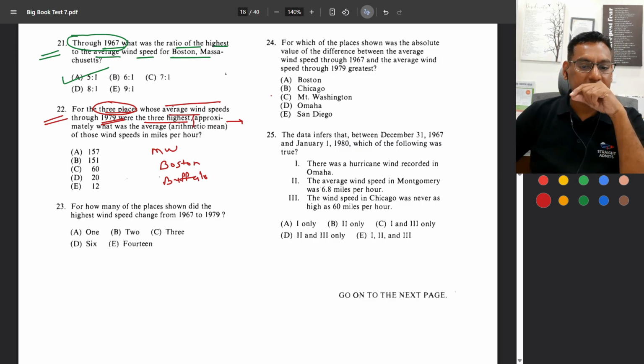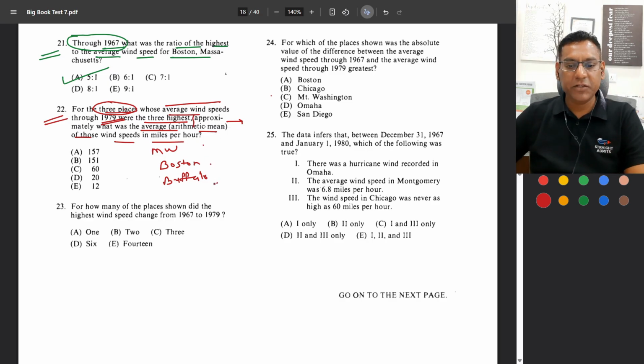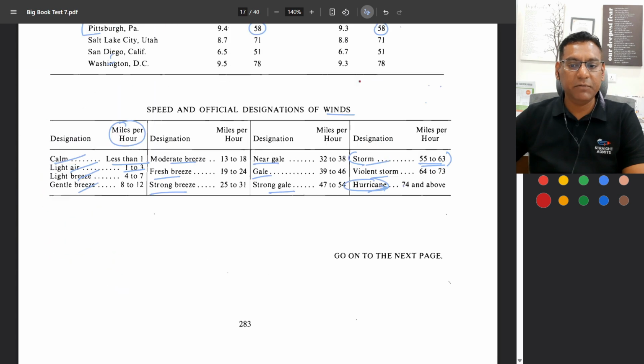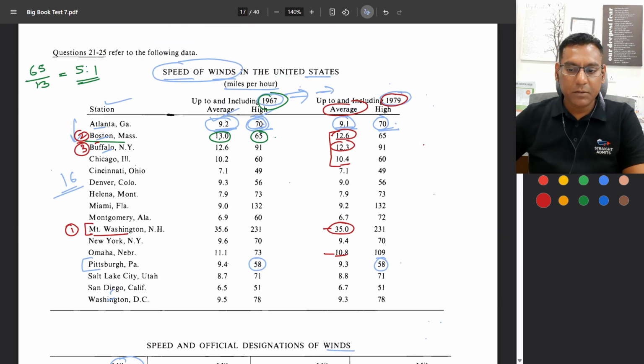All right. Now I'll read the question. For these three places where the average speed till 1979 was the highest three, approximately what was the average, arithmetic mean, of those wind speeds? So what was the average of these three top speeds that we calculated? The average would be of 35, 12.6, and 12.3. What is the sum of that?